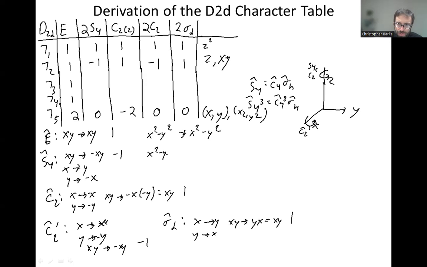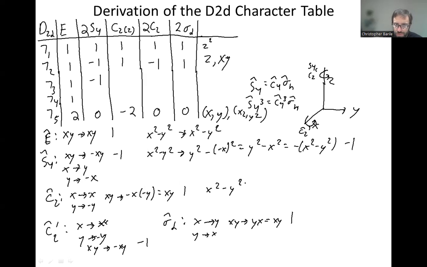So x squared minus y squared goes to y squared minus x squared, which is equal to the negative of x squared minus y squared, so we get a -1. What about for C2? Both go to the negatives of themselves. So x squared minus y squared goes to quantity -x squared minus quantity -y squared, which just equals x squared minus y squared, which is what we got.